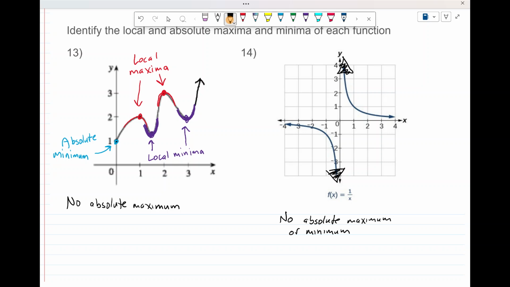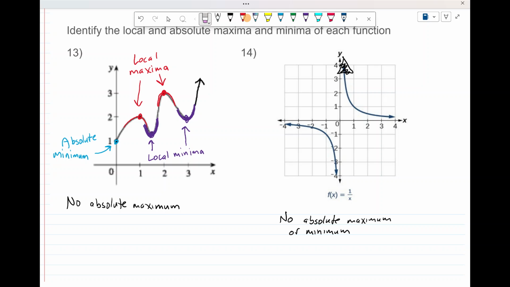Again, if I look at this, are there any hills or valleys? Not really. This almost looks like a hill, right? But it's like a kind of a diagonal hill. And it's not like this point is at the top of the hill, right? In fact, this point just keeps getting closer and closer to the x-axis. But again, it's not a hill. It never goes back down. If this graph kept getting closer and then eventually turned down, then you could say, yes, there's a local maximum somewhere over there.